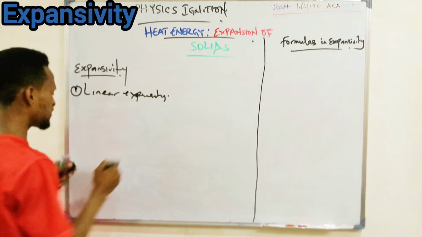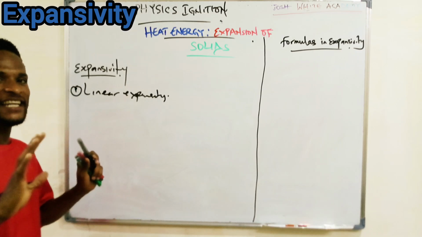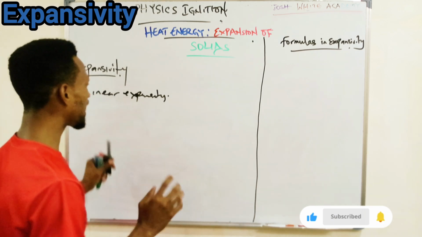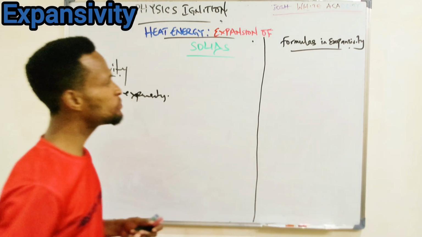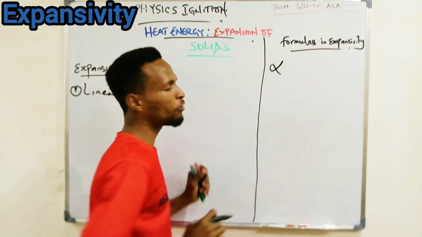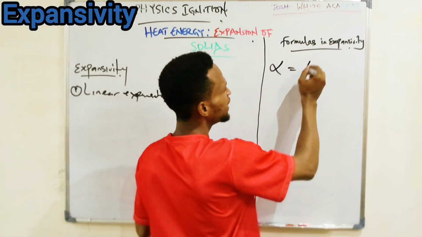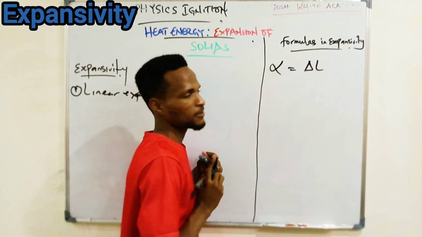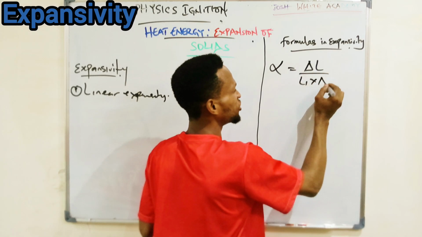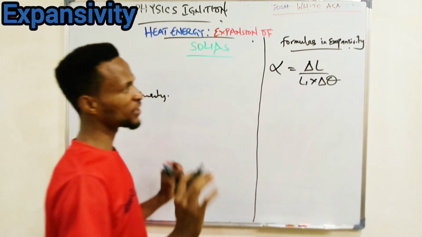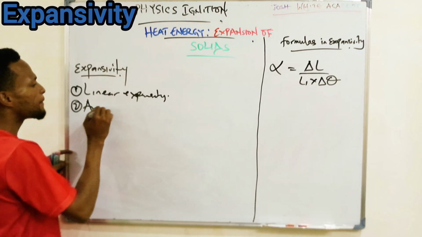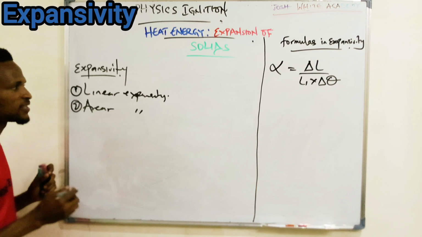Now, linear expansivity is the increase in length per unit length per degree rise in temperature. What it means in our formula bank is that linear expansivity is equal to the increase in length all over the initial length multiplied by the change in temperature. Now, the second one is area expansivity.